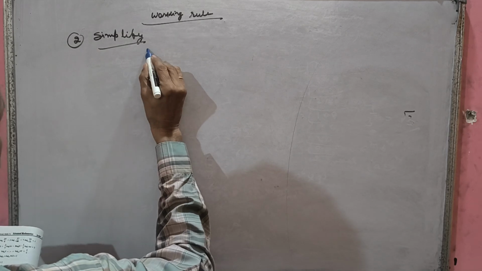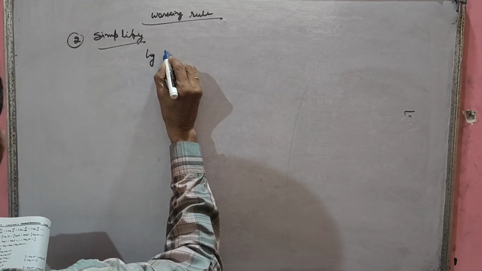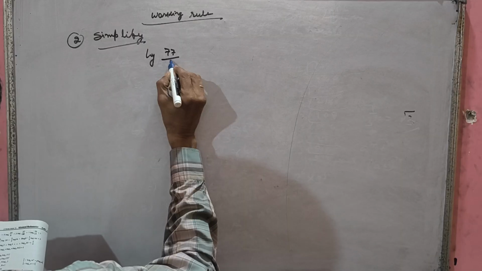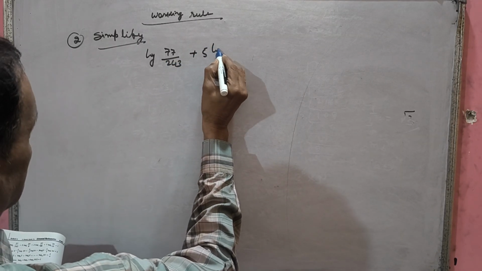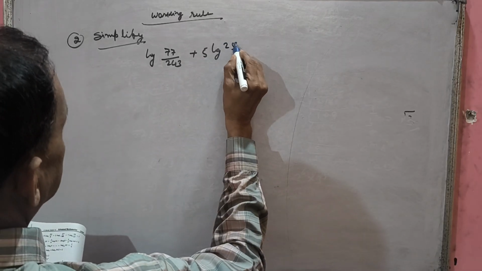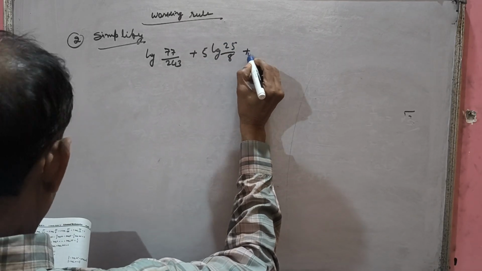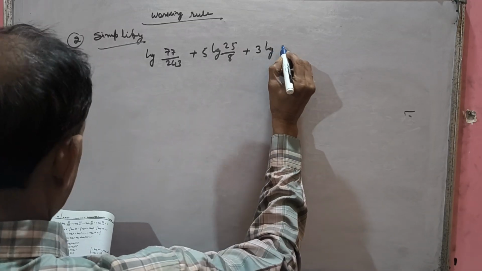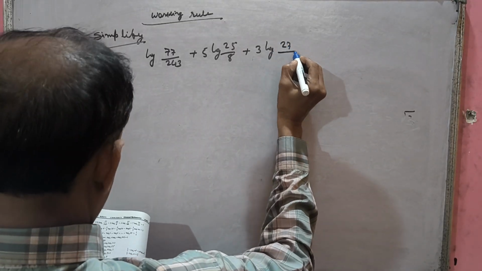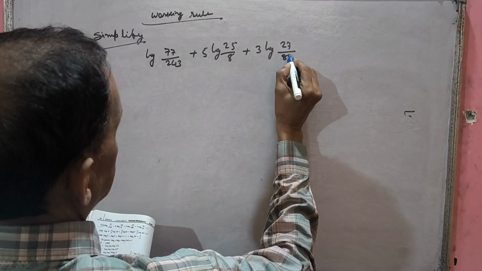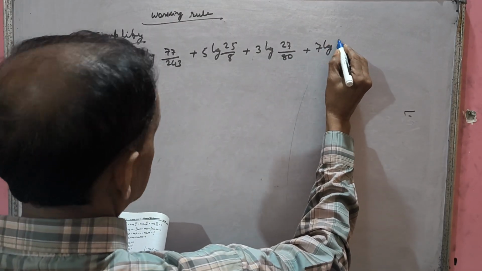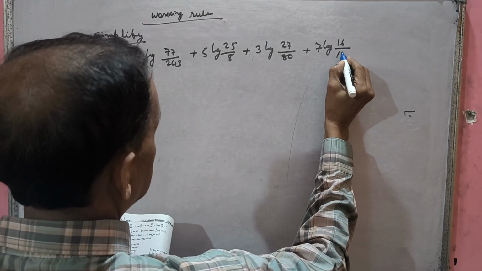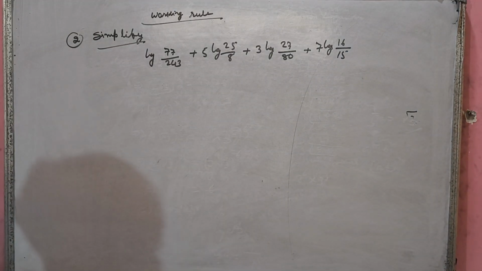Log 77 by 243 plus 5 log 25 by 8 plus 3 log 27 by 80 plus 7 log 16 by 15. We need to find the value of this.